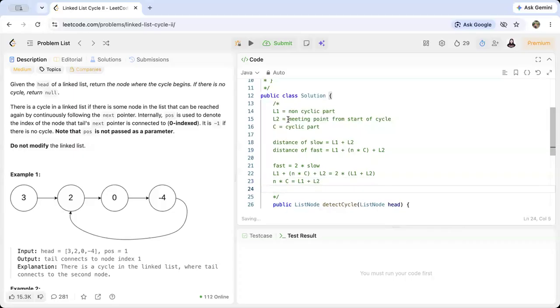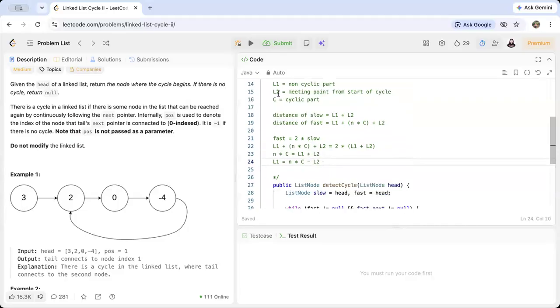Now we need to know where the start of the cycle is. So now my L1 is N into C minus L2, correct? What does this mean?